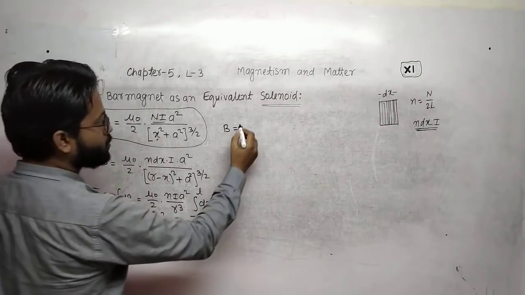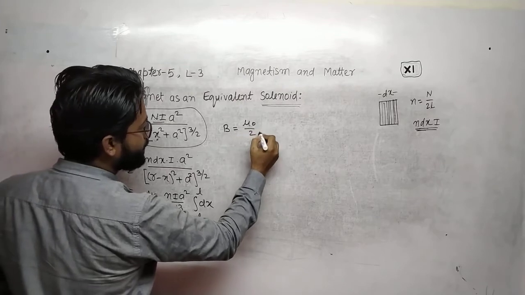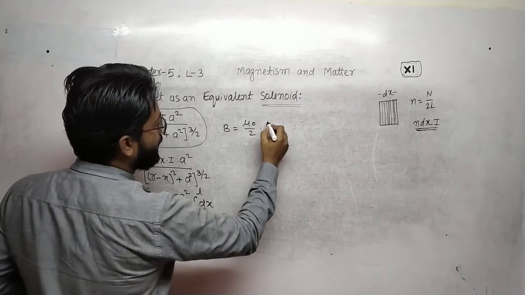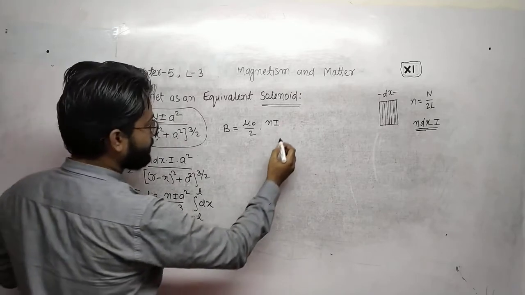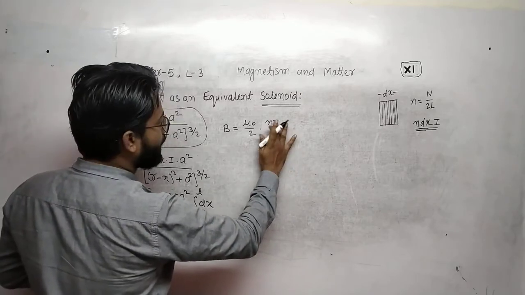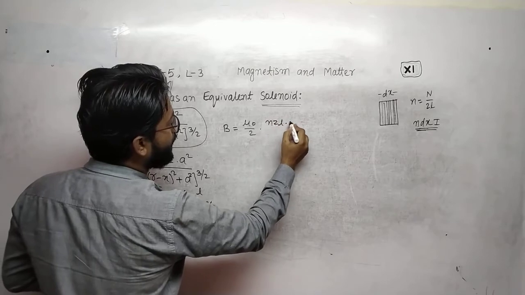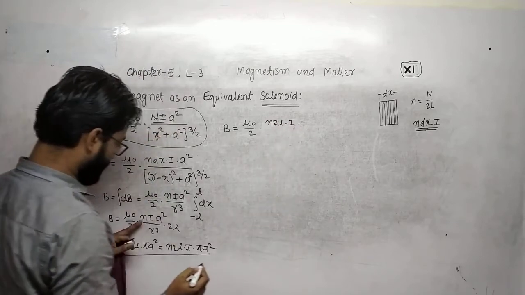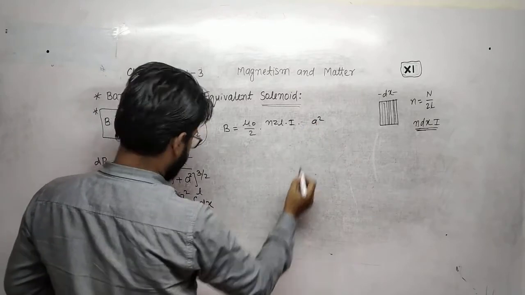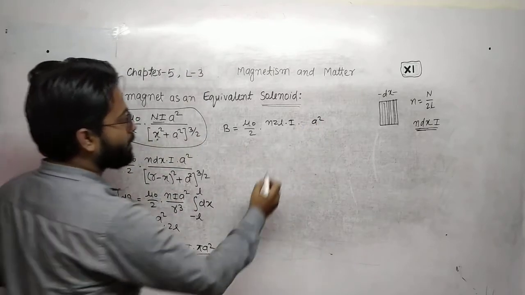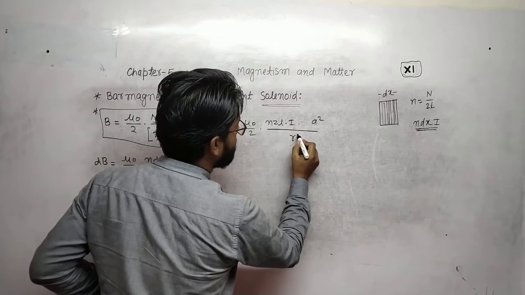B equals mu naught by 2, n into 2L into I into A square upon R cube.